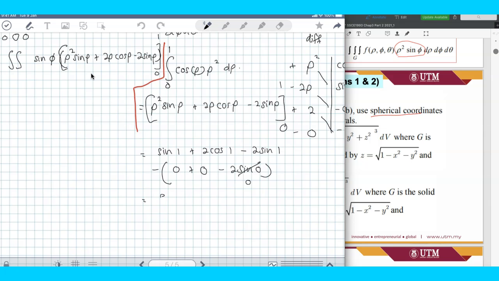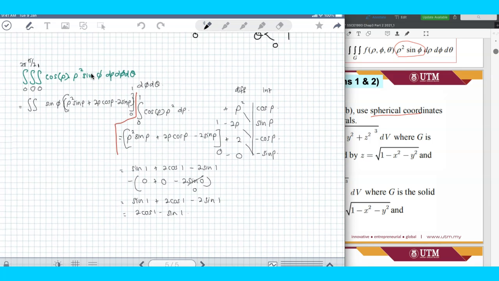So sine 1 is a value, 2 cos 1 is a value as well, minus 2 sine 1. When I simplify, I will get 2 cos 1 minus sine 1.